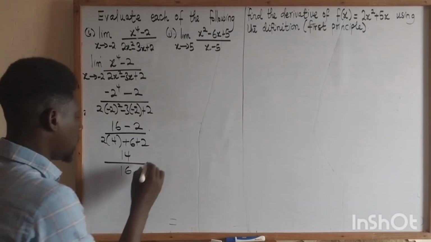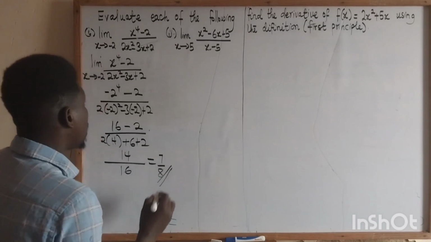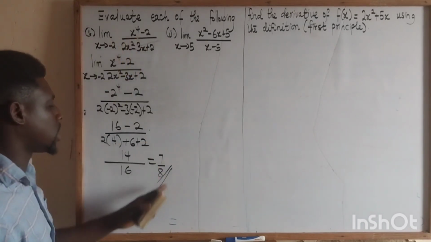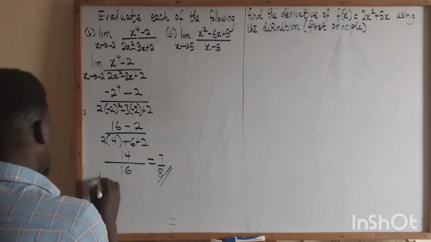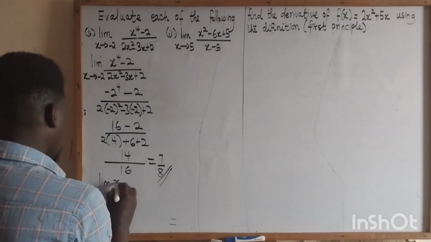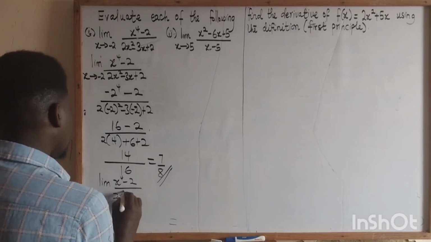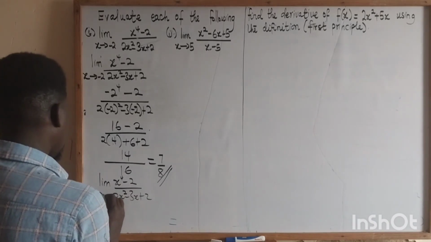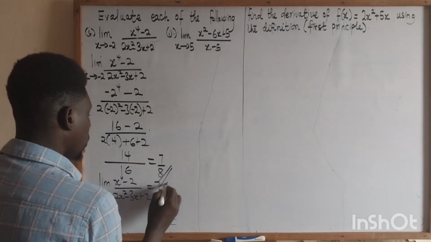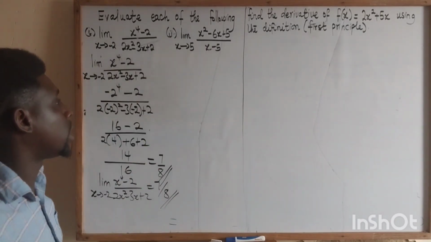Then I simplify, giving me 7 over 8. Hence, the limit of this function is 7 over 8. So the limit of s to the power 4 minus 2 all over 2s squared minus 3s plus 2 as s approaches -2 should be equal to 7 over 8. All right, so now let's come to the next question.